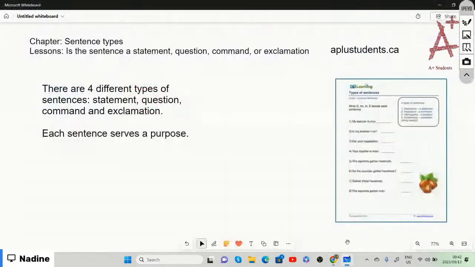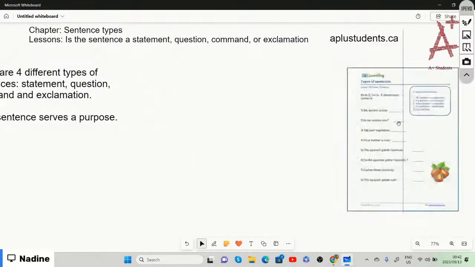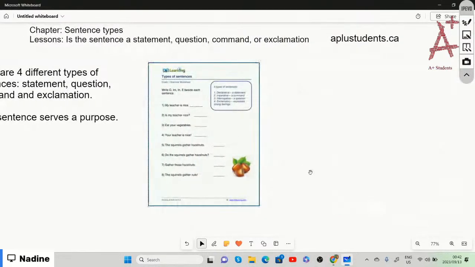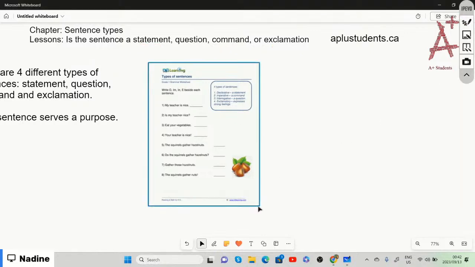All right, so before we end off, if we look at the 4 different types of sentences, which are a statement, a question, a command, or an exclamation, we're going to look at this activity of sentence types.